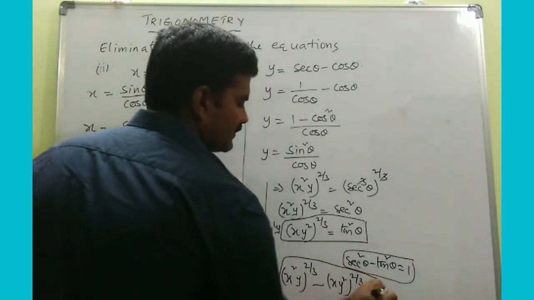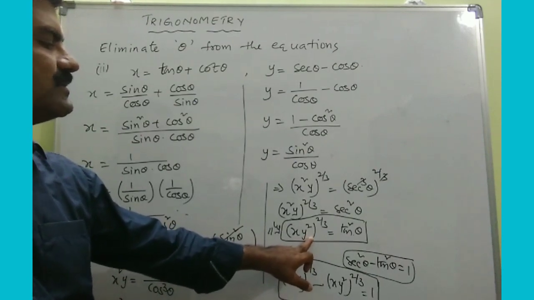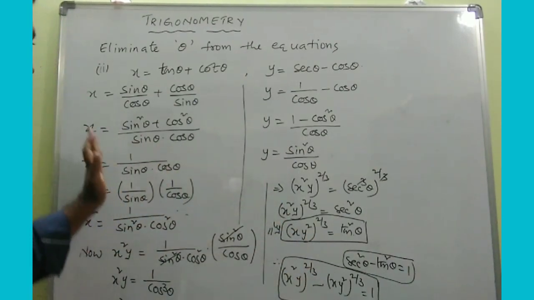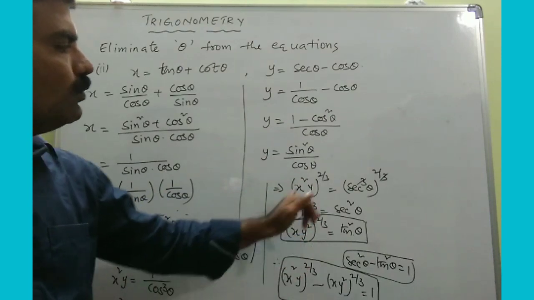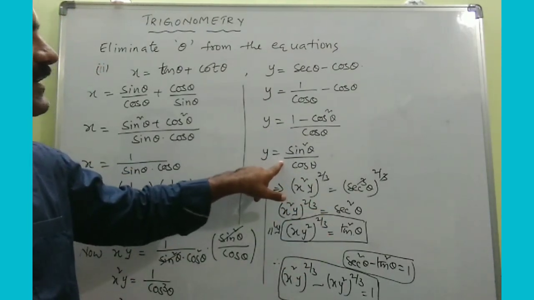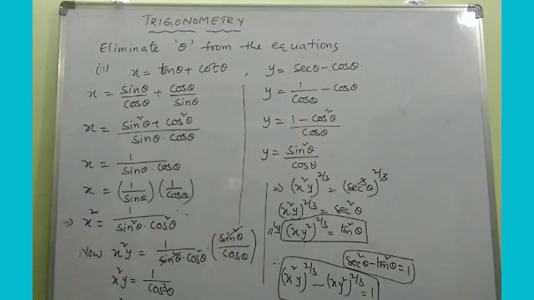See, once again, theta is eliminated. Okay. So especially this part you need to simplify. We did earlier x square into y. Now you need to do x into y square. Very simple. Y is already ready here. Then y square. Just you need to simplify.